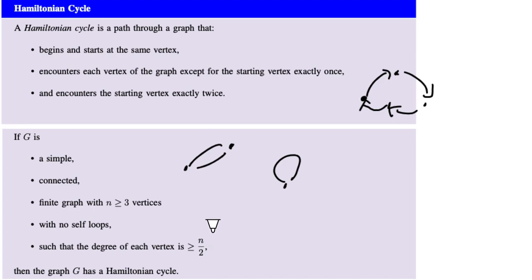Albeit this might be overkill, if these conditions are satisfied, then we can be sure that we can find a Hamiltonian cycle. And we're going to work through a little proof of that fact.